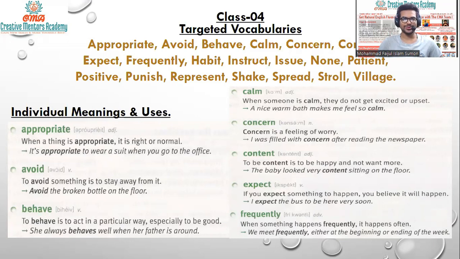So let's have a look at making some sentences with all the vocabularies, individual sentences.